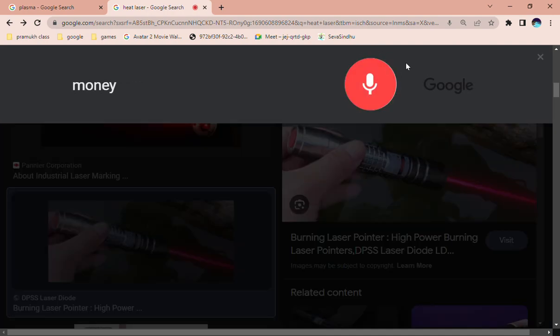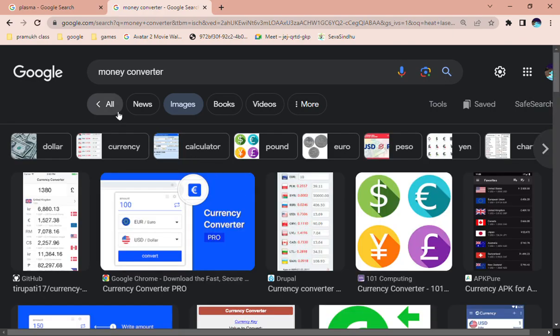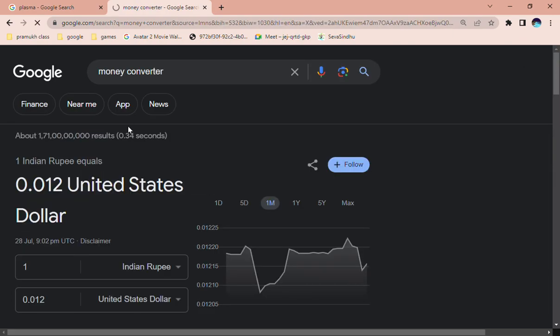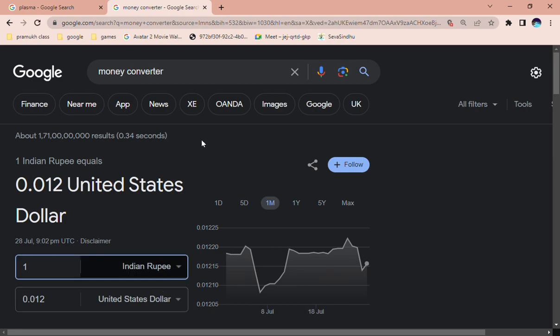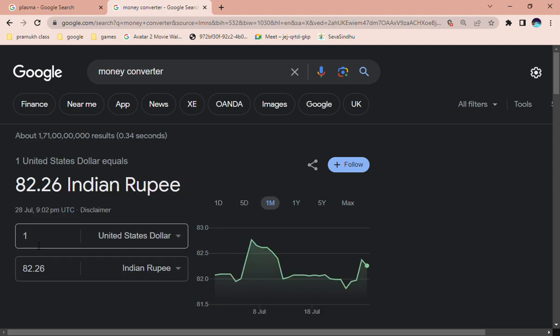Money converter. Okay guys, I'll just show you Indian rupee wise. US dollar and Indian rupee. So $1 today, 28th July, is 82 rupees of India.